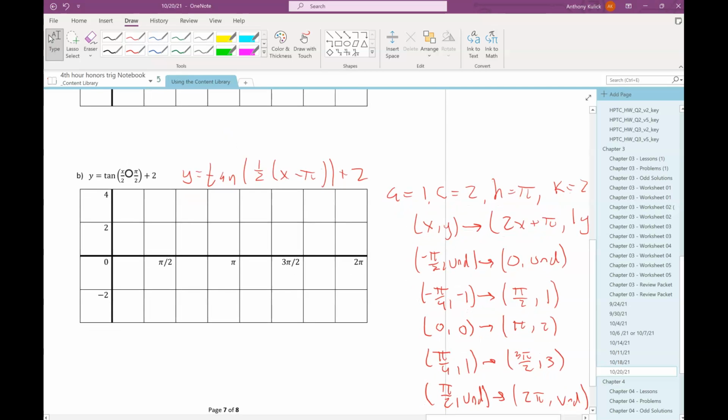So I'll put my asymptotes in first. So I have an asymptote at 0, and I have an asymptote at 2 pi. And then we have pi over 2 and 1, pi and 2, and 3 pi over 2 and 3.